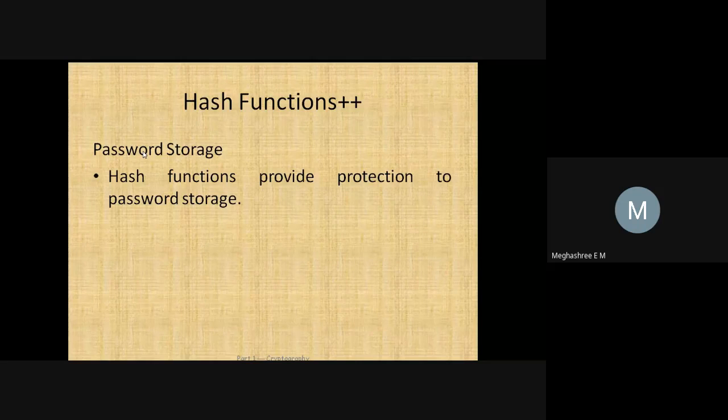What Google or any company will do is use a hash function to store this password. They use a particular hash function on the password that is given by the user. When you apply a hash function on a message, obviously it generates a hash value, right?